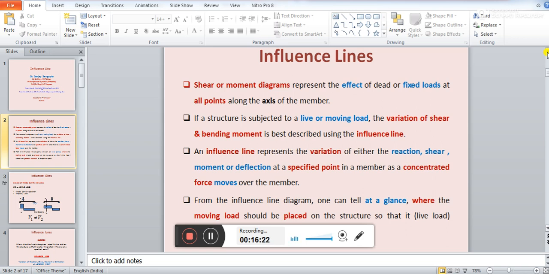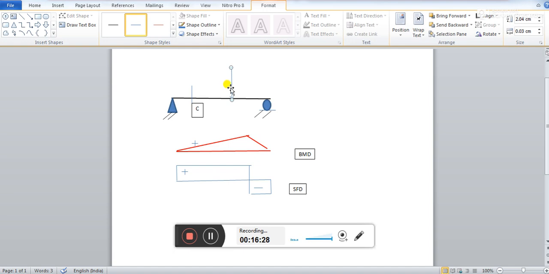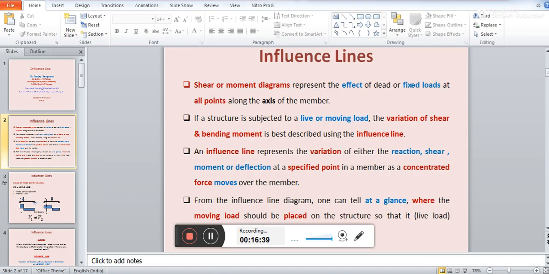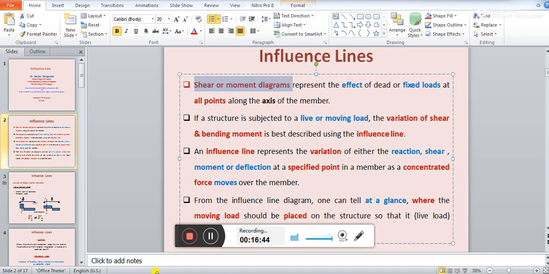If you want to find out, because of this fixed position of this load, what is the bending moment, what is the shear force throughout the different positions of the beam, then you can get it through this shear force or bending moment diagram.